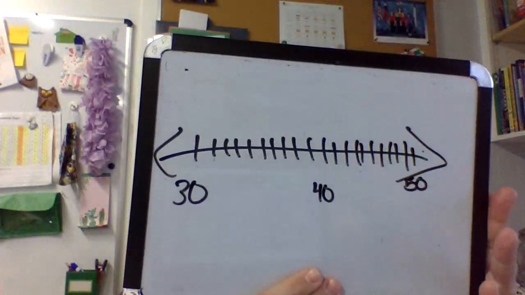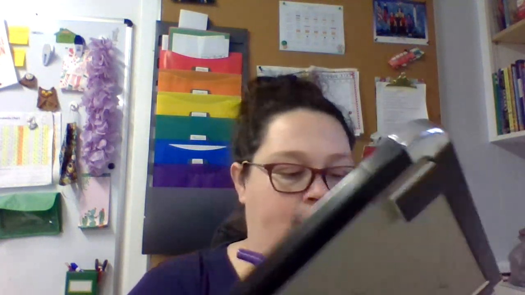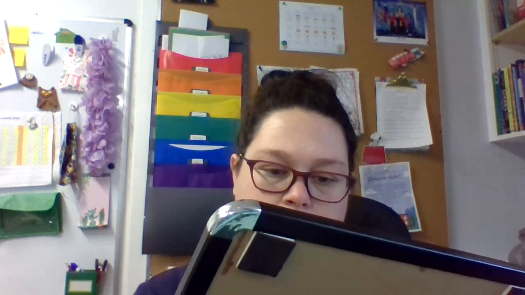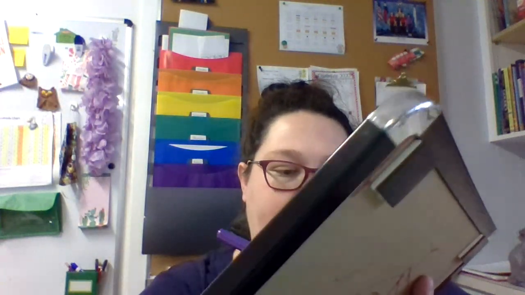So I've got a number line that looks kind of like this. Now, I have 31 cars, and then I have 47 cars. So I'm going to write 31 and 47 right here.